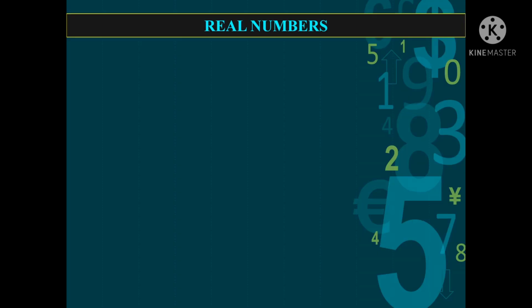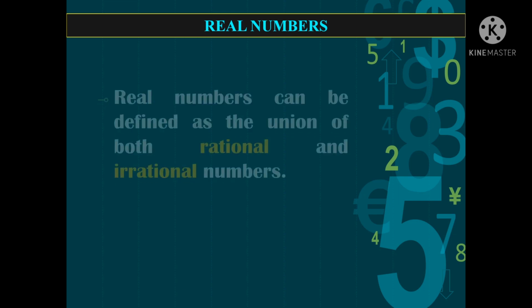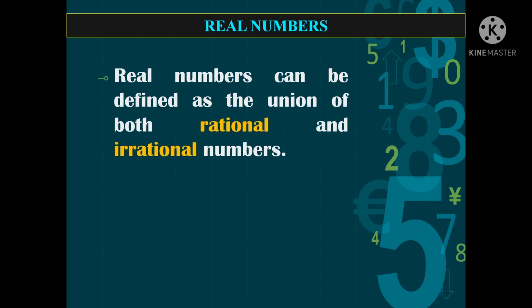To start our discussion, let us first define what real numbers are. Real numbers can be defined as the union of both rational and irrational numbers. Further in this discussion, we will describe what rational numbers are and how they differ from irrational numbers.